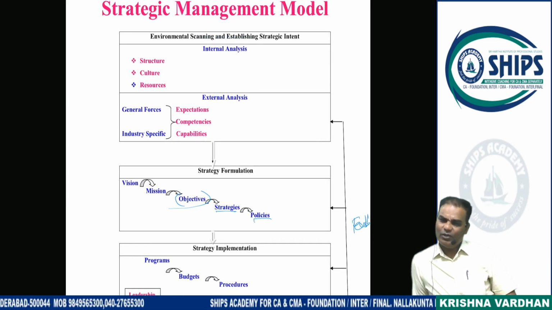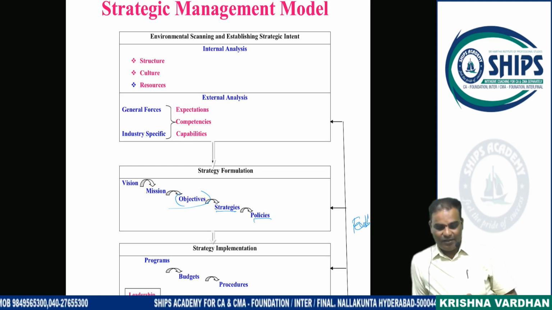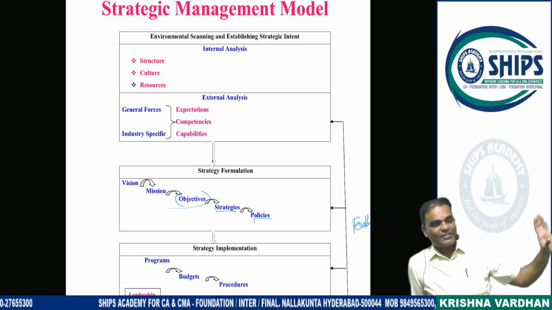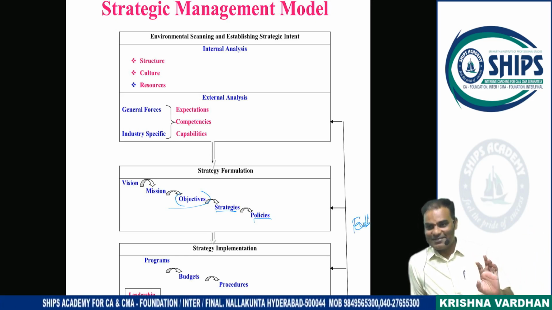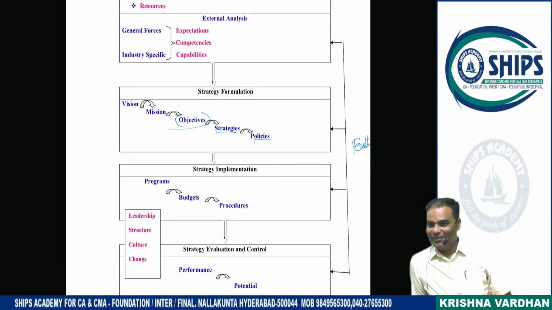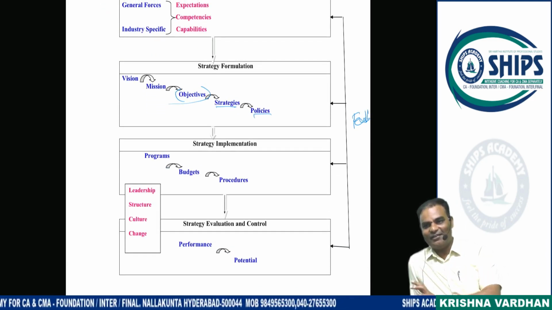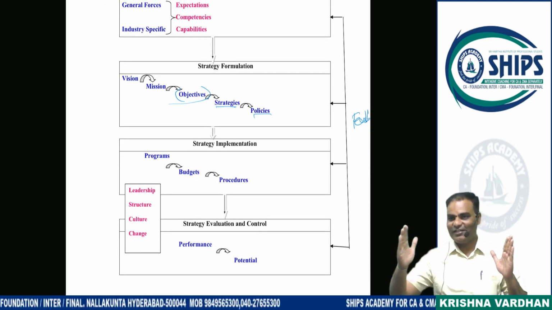And actually what happens, students, the syllabus of strategic management, the first unit should talk about introduction, second unit should talk about analysis, third should talk about formulation, fourth it should talk about implementation, evaluation and control. So have you understood now? This should be the actual sequence.